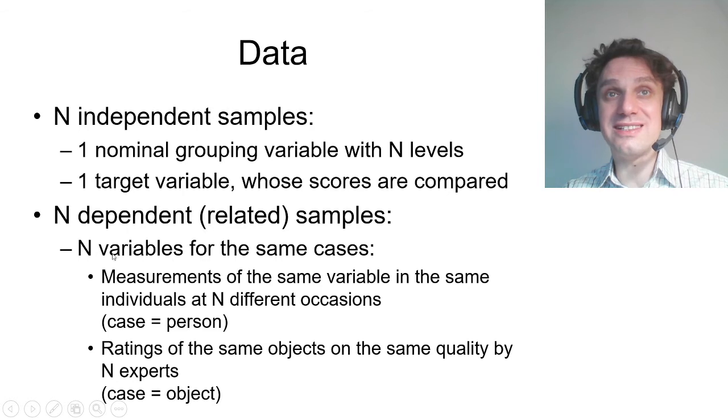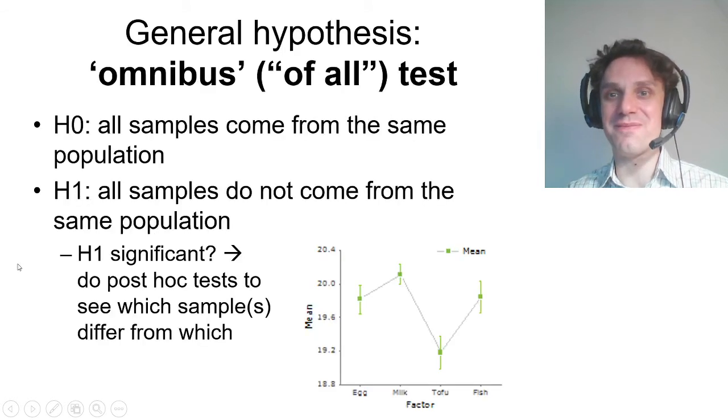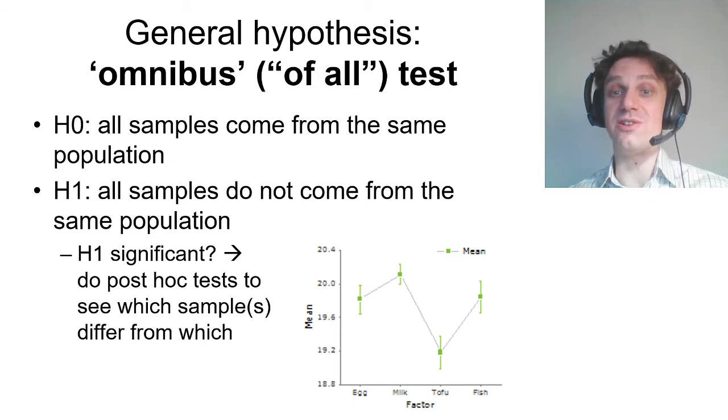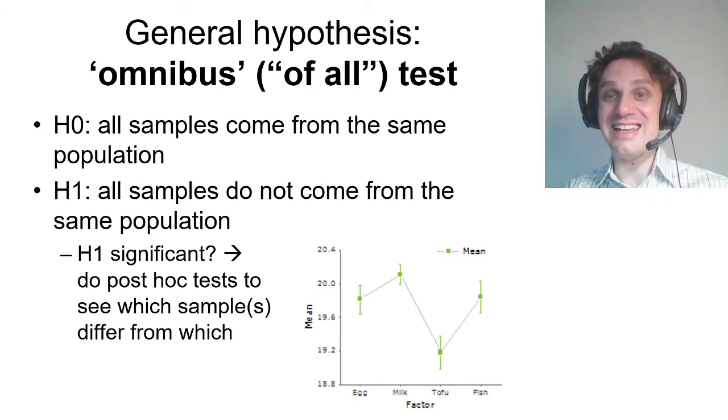And how is the hypothesis formulated? The general hypothesis that is tested by all these statistical tests is also called an omnibus test. Omnibus, from Latin, of all. Basically, it tests the hypothesis whether all of these samples come from the same population.